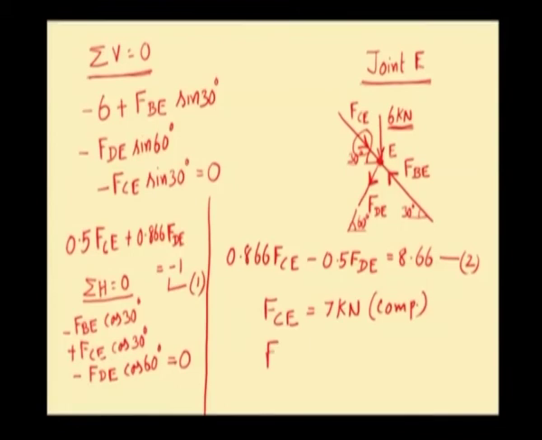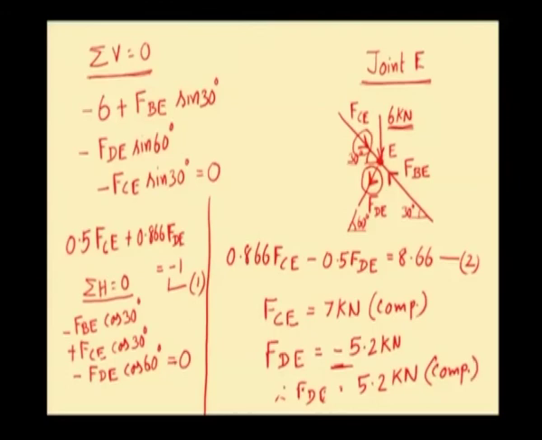Now, if we calculate the value of FDE, FDE comes as minus 5.2 kilonewton. Since minus sign is coming for FDE, our assumed nature of force for FDE, that is tensile, is wrong. So, it has to be compressive. Therefore, FDE will be equal to 5.2 kilonewton compressive.